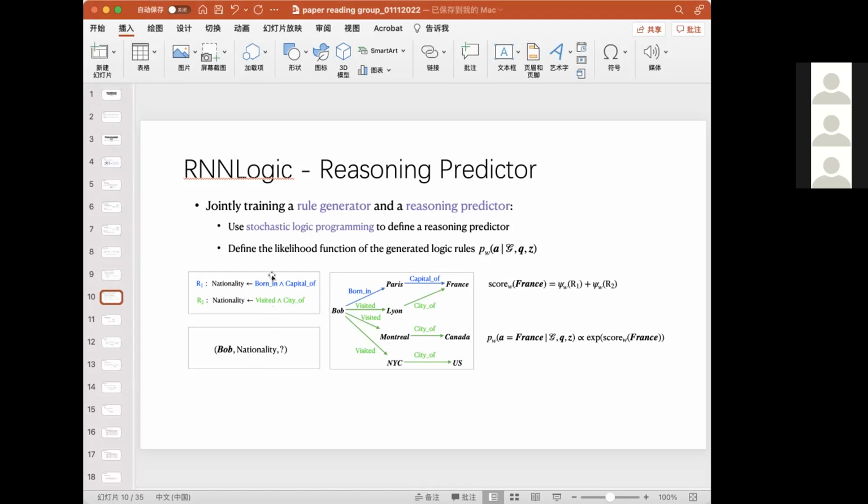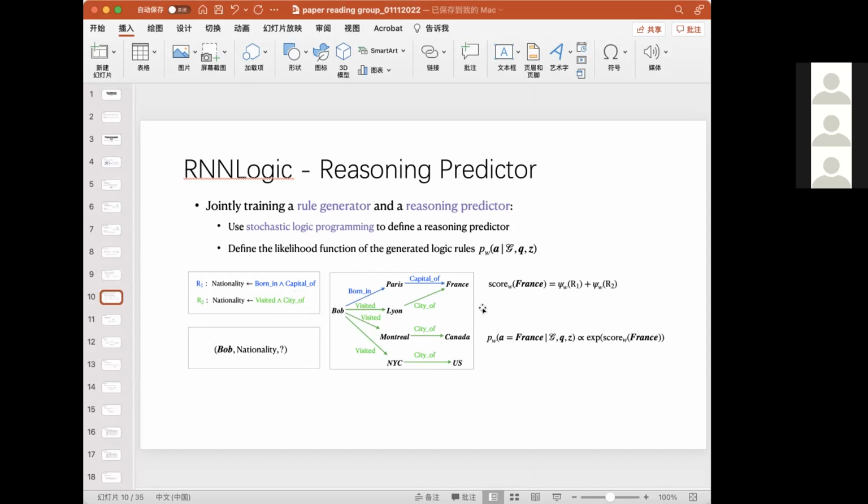For example, we have R1 and R2, and we assume that these two rules are generated by the rule generator. The reasoning predictor tries to leverage these two logical rules to answer the query: what is the nationality of Bob? Here is the background knowledge graph.